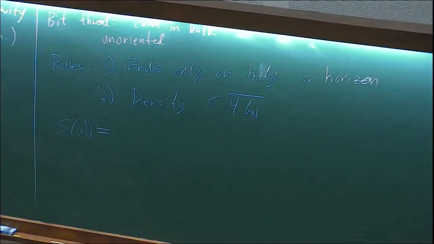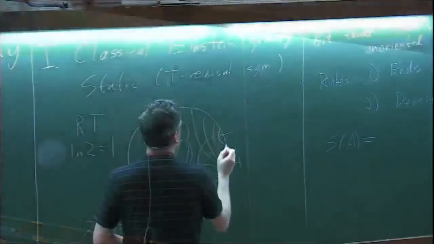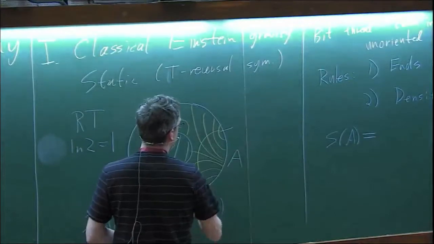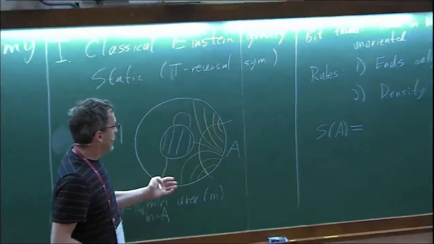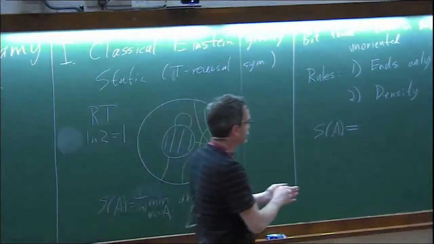And then we have a new formula, which is that if you want to know the entropy of some region, you look for a configuration of threads that simply maximizes the number connecting the region to its complement or the horizon.